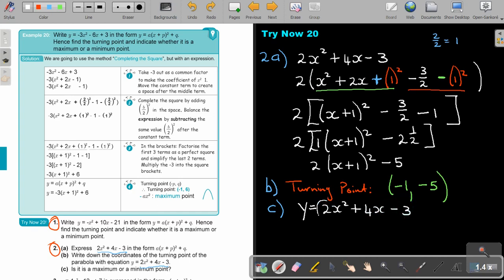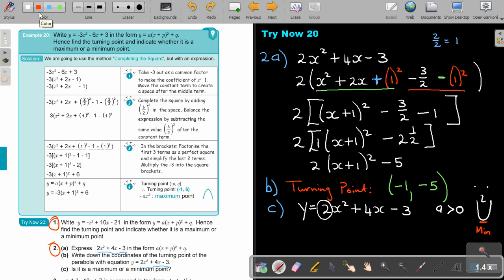So you have to look at the value of a. So the value of a is bigger than 0. Oh, it's positive. And if it's positive, it's a smiley face. Can you see the smile? Okay. And if it's a smiley face, you can see that this is reaching a minimum point.